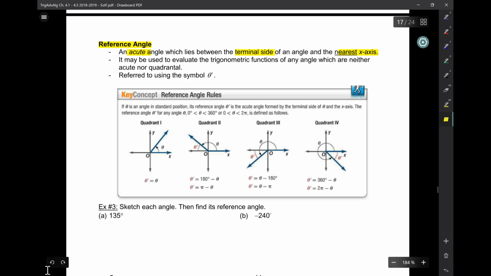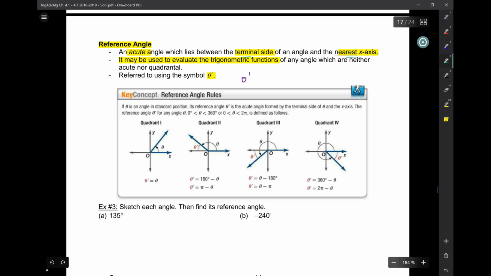Why do we like the reference angle? We can use it to evaluate trig functions of any old angle. The symbol for reference angle is theta prime. So it's just like a theta with an accent mark. It's the angle between the terminal side and the nearest x-axis.